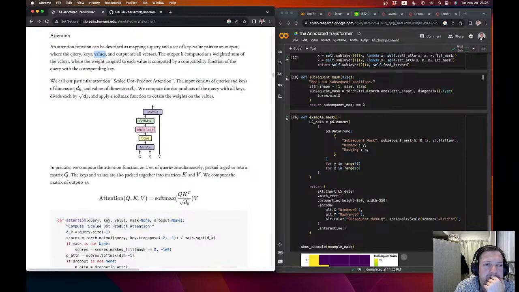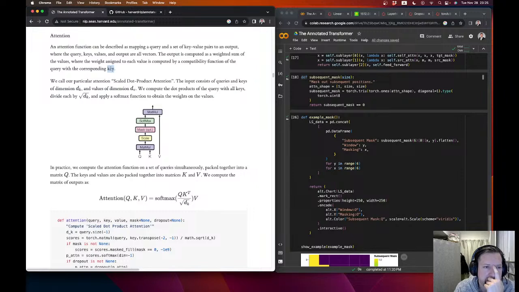Queries and keys of dimension dk and values of dimension dv. Weighted sum of the values, where the weight assigned to each value is computed. Okay, so maybe the keys are not one-to-one with the values.